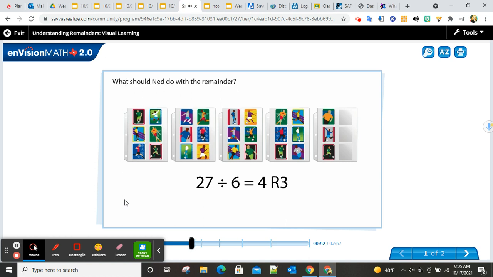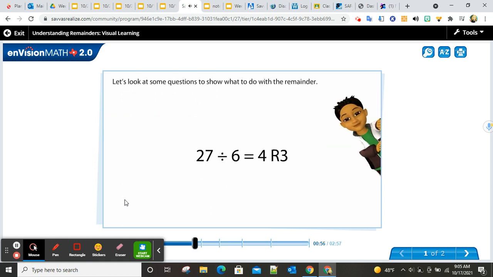What should Ned do with the remainder? Let's look at some questions to show what to do with the remainder. So this is going to be the most challenging part, because remainders are tricky in division problems because they represent different things.